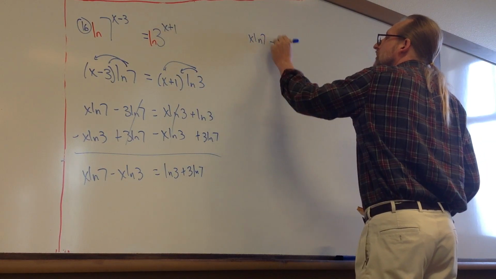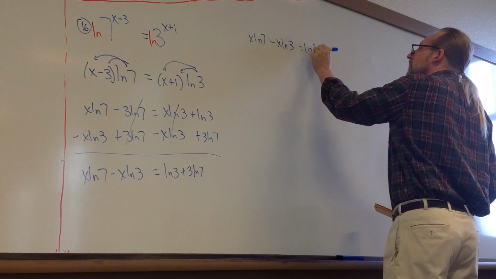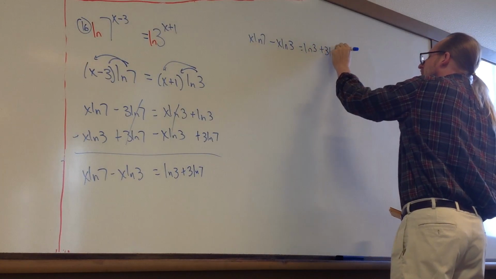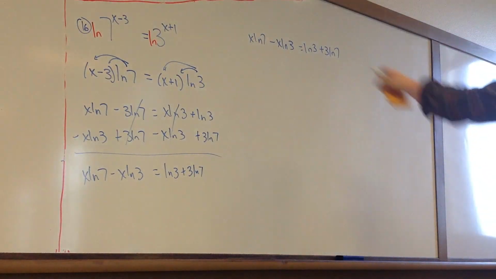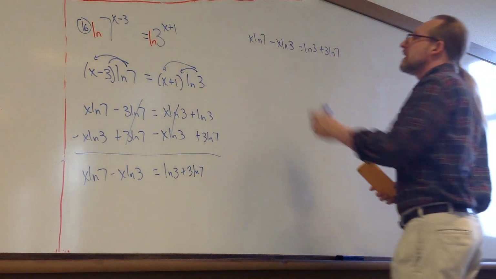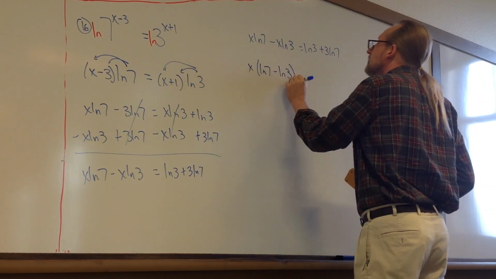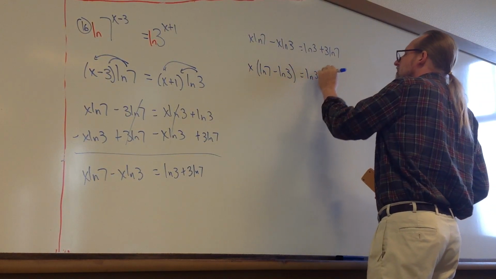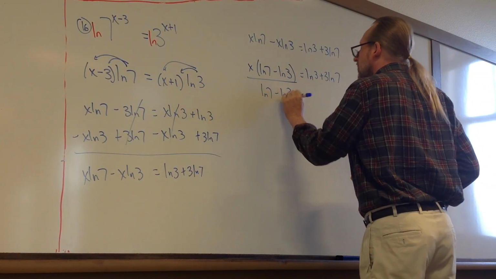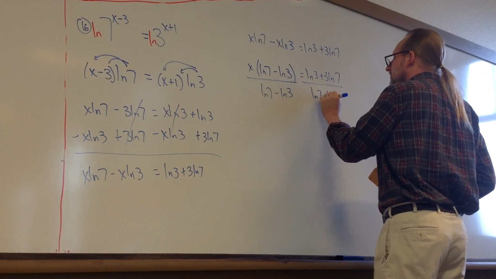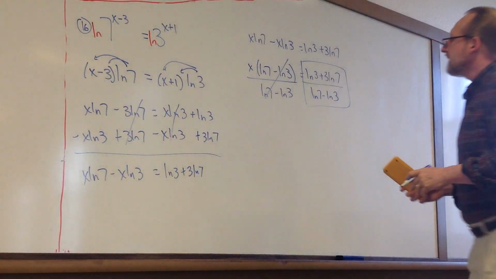All right, so let's give us some more room here to work with. And then we need to factor that x out of these two expressions, and then divide on both sides by ln 7 minus ln 3. And so there is our exact answer.